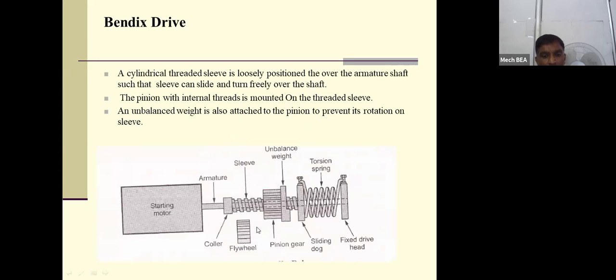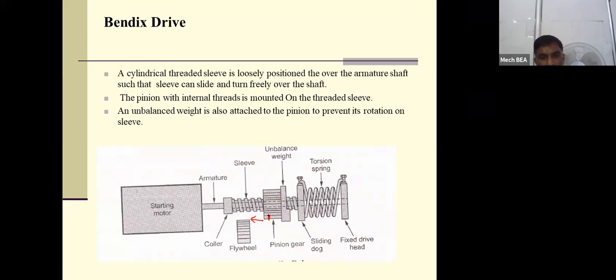So you can see here, this is the flywheel, and this flywheel we need to mesh with this pinion gear.